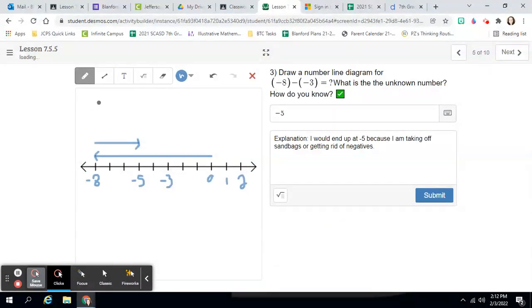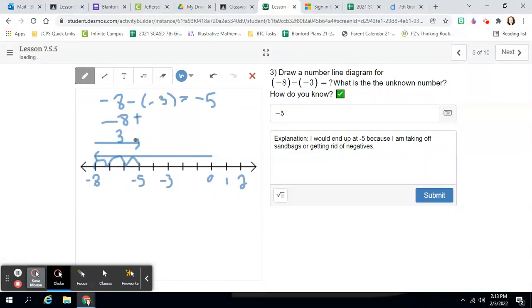So let's go over here and look at this problem. -8 minus -3, we know it equals -5. But we also know that this problem is the same thing as starting with -8, right? We still started with that, but it's the same as adding. Well, this number line is 3 long, right? It goes 1, 2, 3.